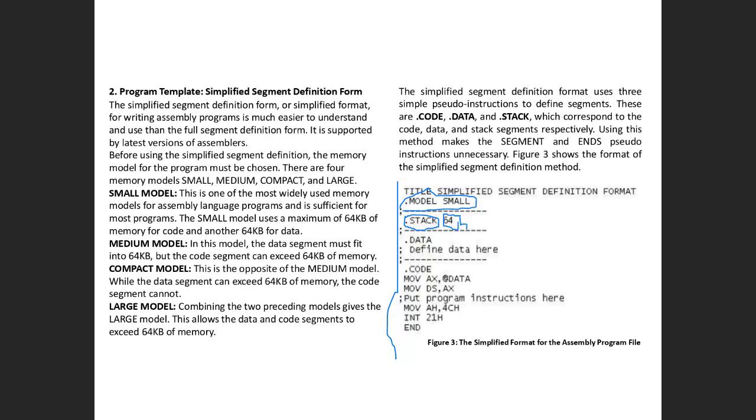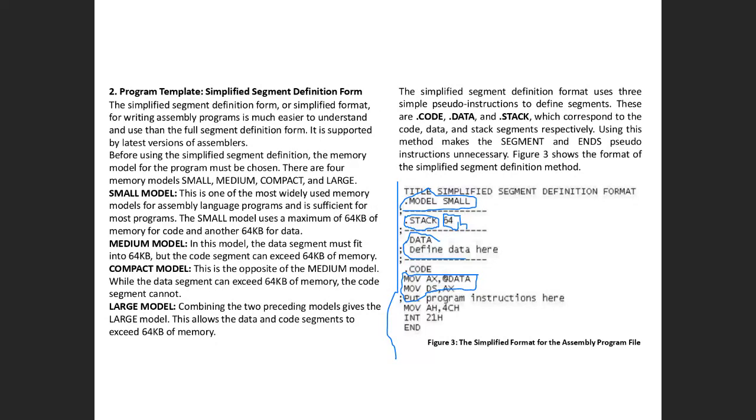Or you can write 10, 20, 30, or 15, just a few memory locations for a stack. Then .DATA is for our data segment, and then .CODE. The first two lines initialize the data segment, MOV AX, @DATA and MOV DS, AX. It is not fully the same as the full segment form, but kind of similar.